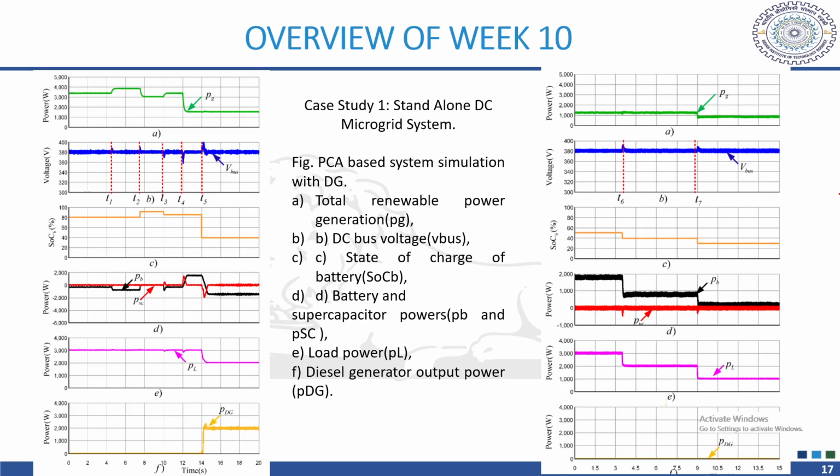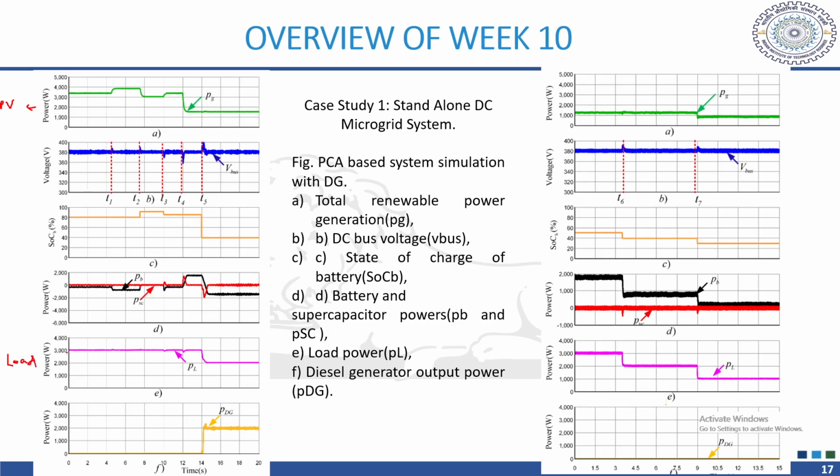So this was the simulation study that was done. Basically, you can see two cases here, right? This one is for the PV, and where is the load? The load is at E, this is load, this is PL.